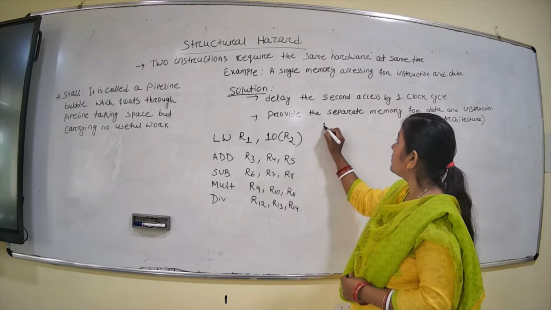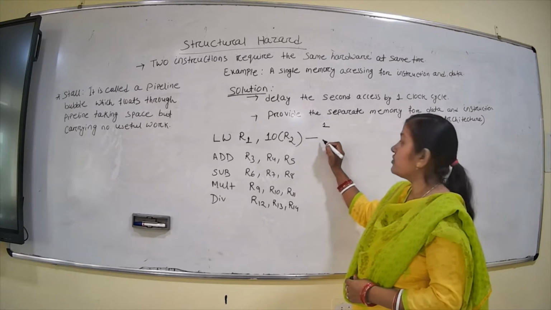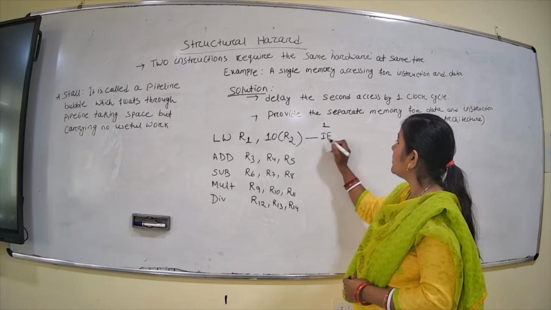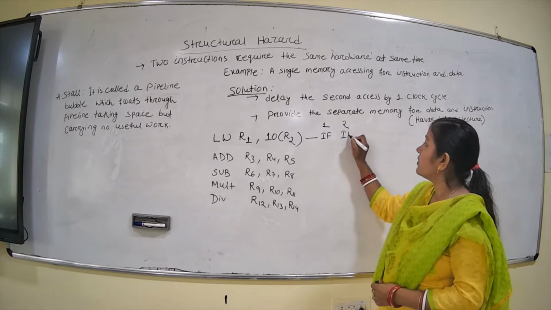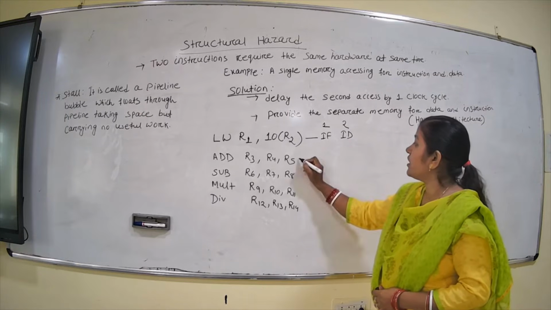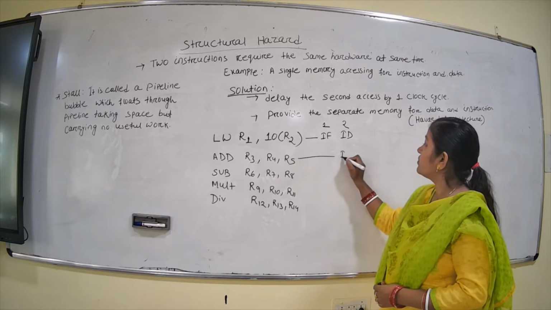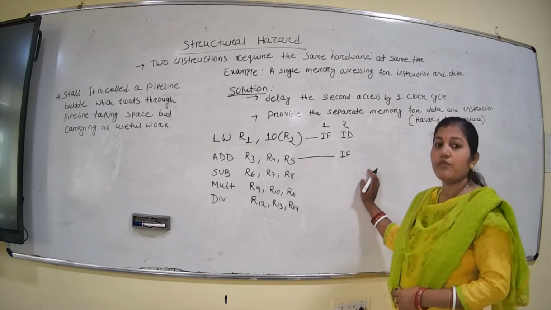At the first clock cycle, the first instruction goes to instruction fetch. At the second clock cycle, the first instruction goes to decode, and at the same time the second instruction enters instruction fetch.